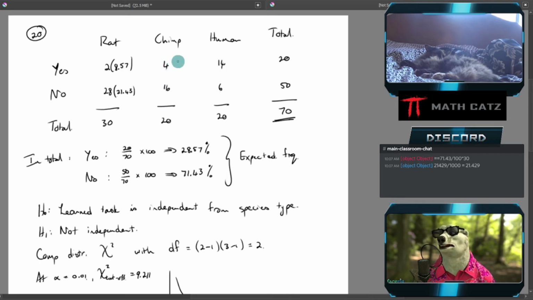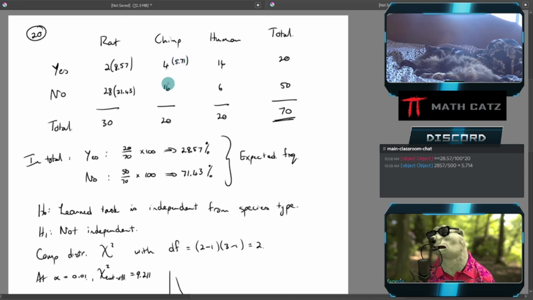Let's finish it for the chimp and the human. Now, exactly the same thing. I expect 28.57% of the 20 chimps. Let's do that. 28.57% of the 20 chimps is 5.71.